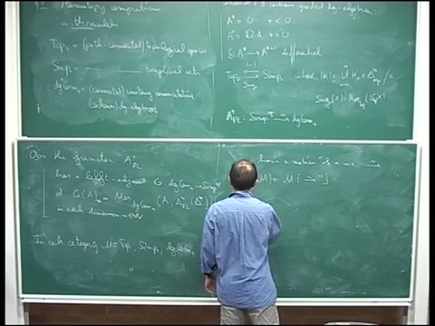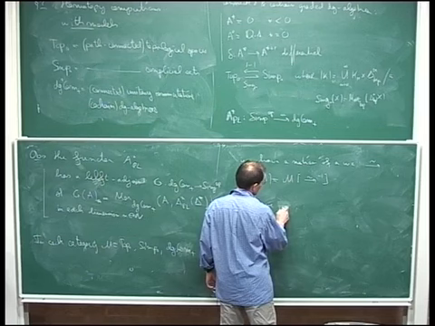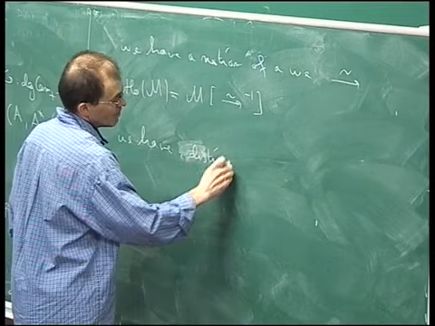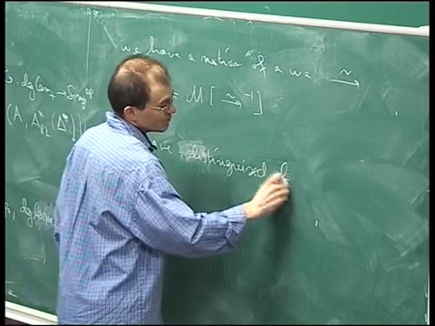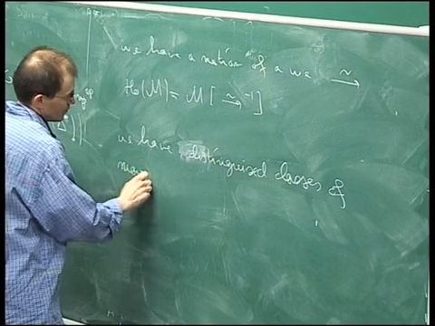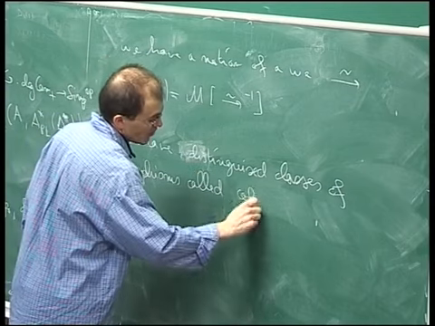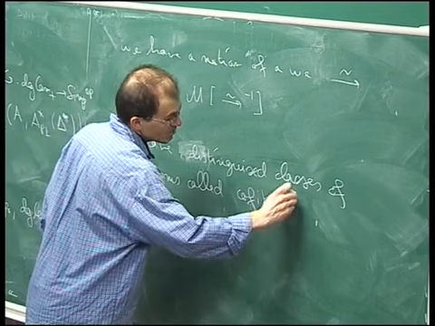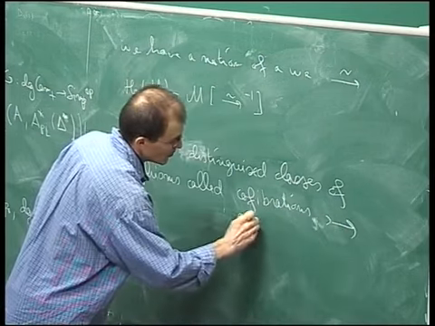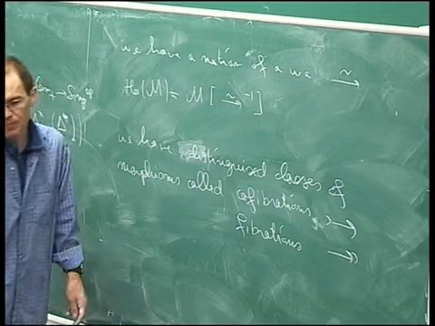We have these classes of distinguished morphisms called cofibrations, which I'm going to denote that way, and fibrations, which are usually denoted that way.